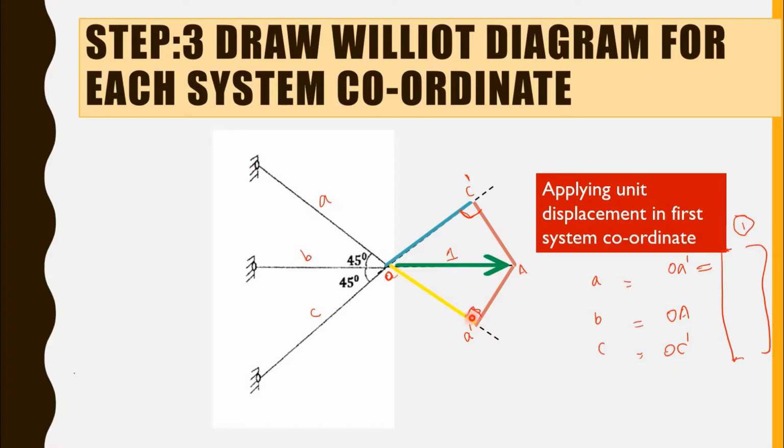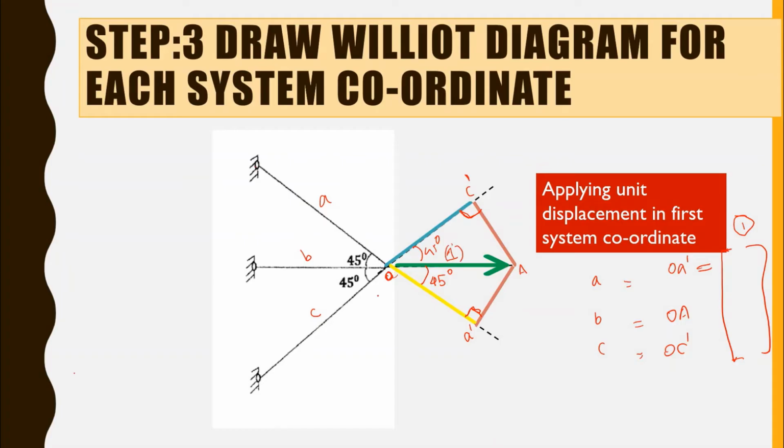this distance. Since these two angles are 45 degree, the angle between these two lines will also be 45 degree. So I can write this one is also 45 degree and this one is also 45 degree, and the length is 1.